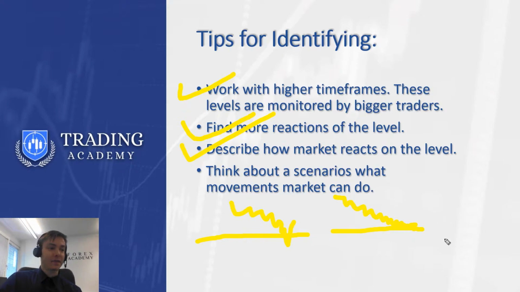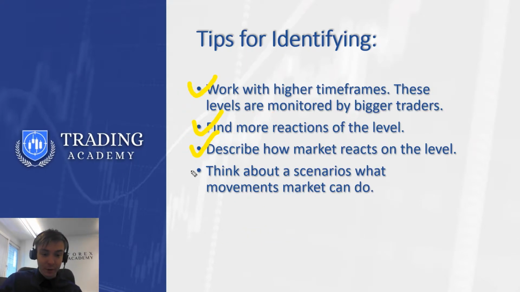Okay. And the last one I would like to give you is think about the scenarios of what movements the market can do. For example, if you have one key level and the market goes down to that level, we have two basic possible scenarios, I believe.